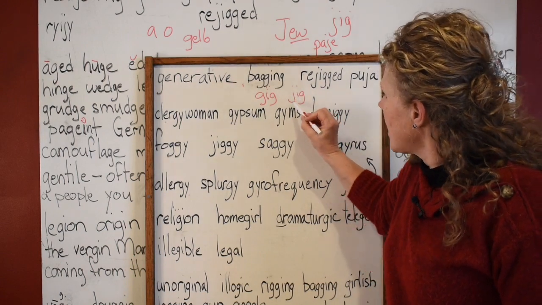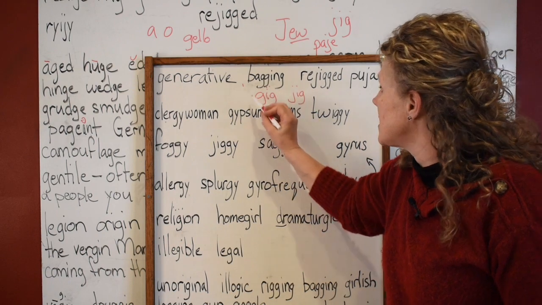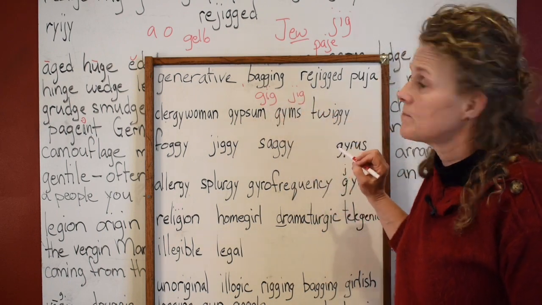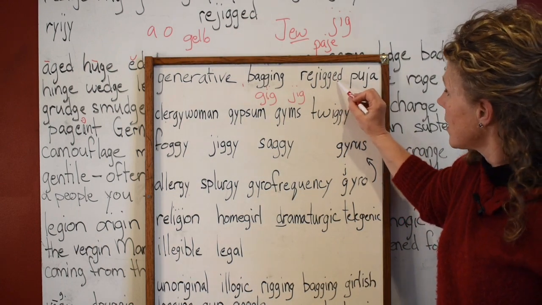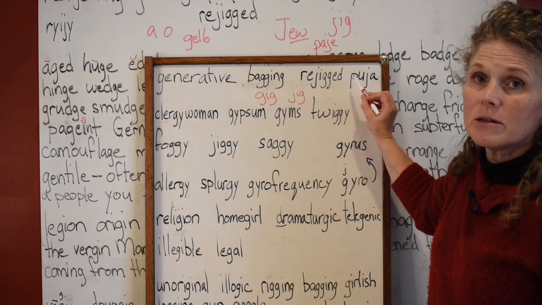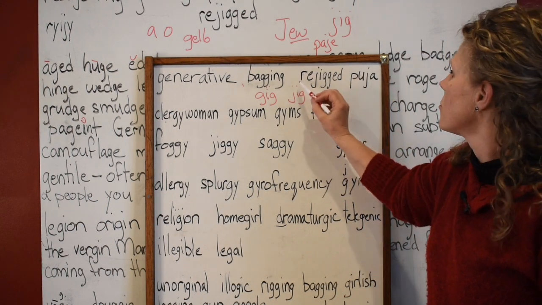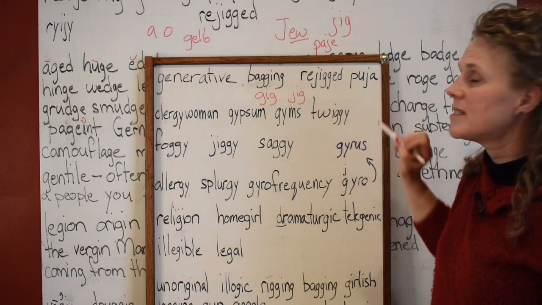Anyways, see how you can have ones that start with J's and one that starts with G's, and this says gig and this says jig. But see, we still have the same thing here where you have this vowel right here, and we don't say rejigged with a soft sound. We say rejigged. Okay? This stays the same sound.